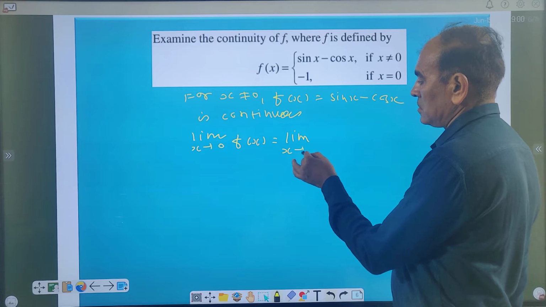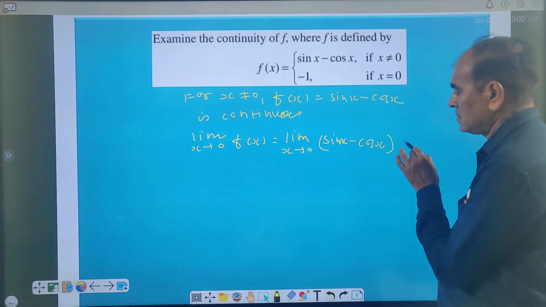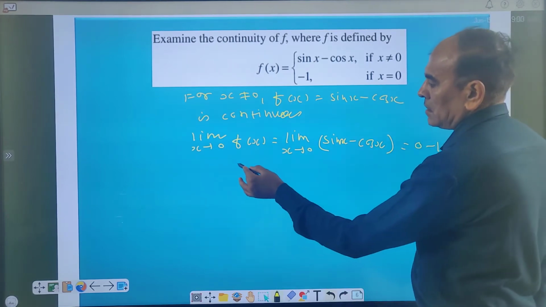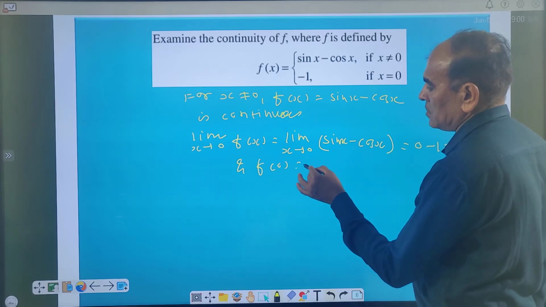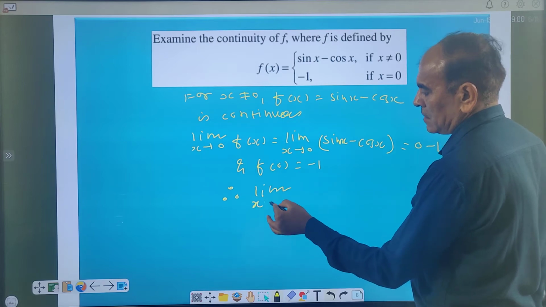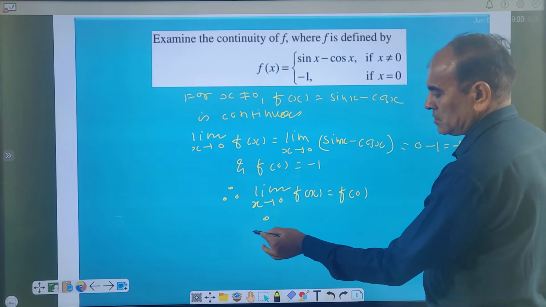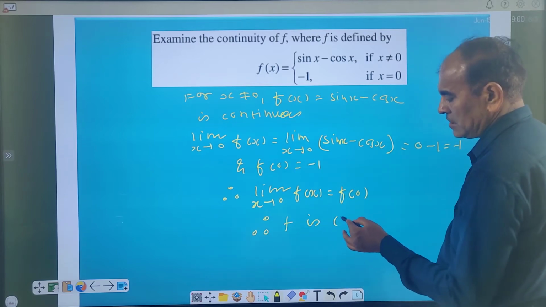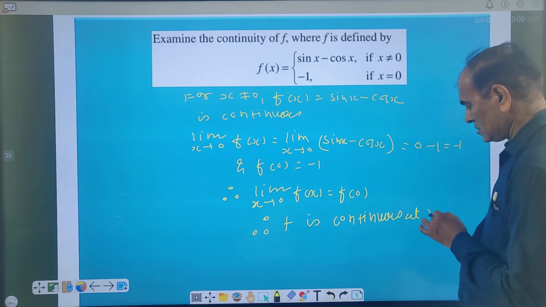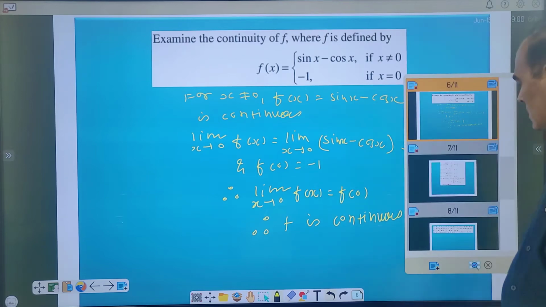So limit x tends to 0, sin x minus cos x, sin 0 is 0, cos 0 is 1, so that is minus 1. And note that f of 0 is also given as minus 1. And therefore limit x tends to 0, f of x is equal to f of 0, and therefore f is continuous at x is equal to 0 also. Very simple question. Next.